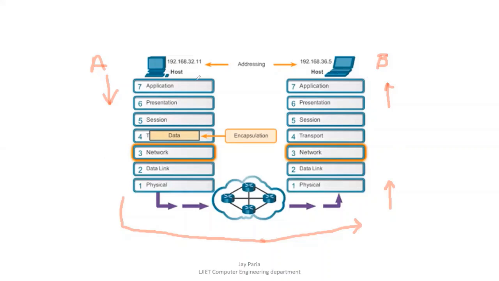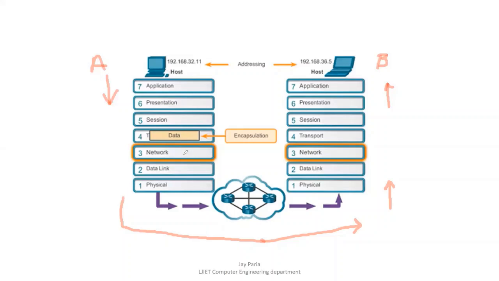When you're sending a message, the application layer will add some header and pass it to the presentation layer. It will add some header and pass it to the session layer. Then data will be passed to the transport layer, where some header will be added to the data and it will be called a segment.